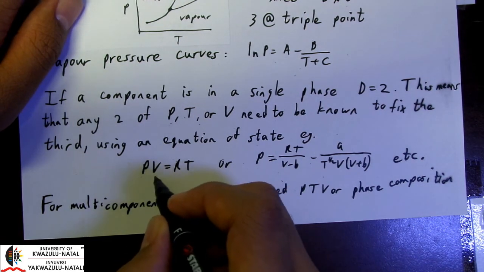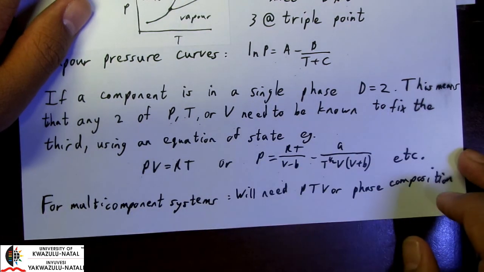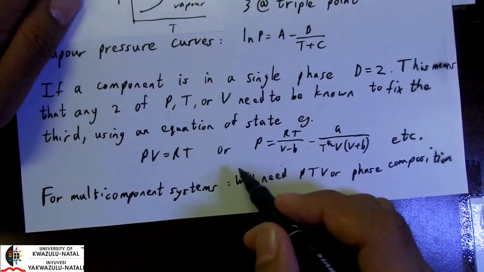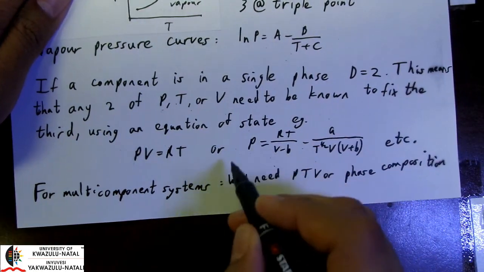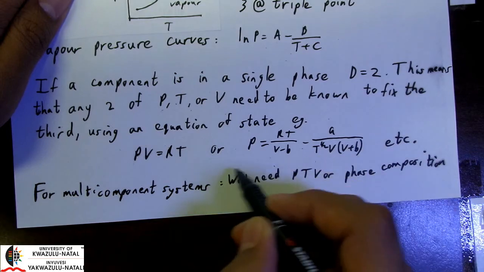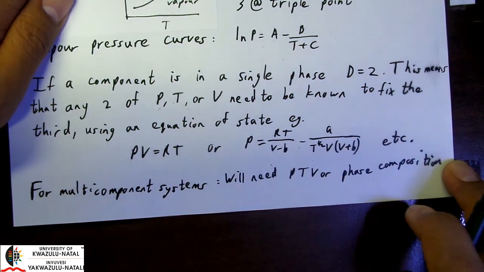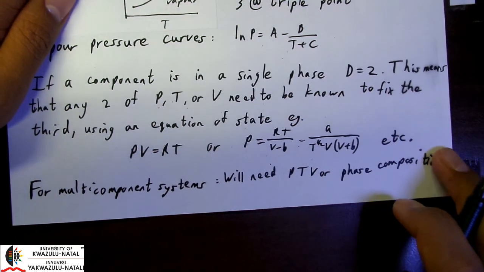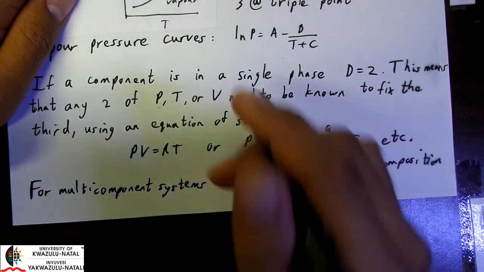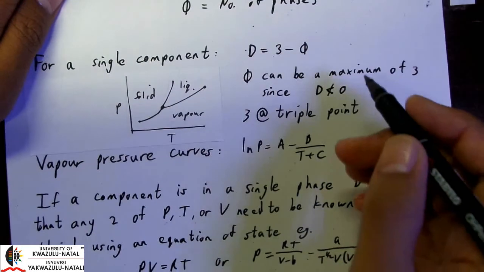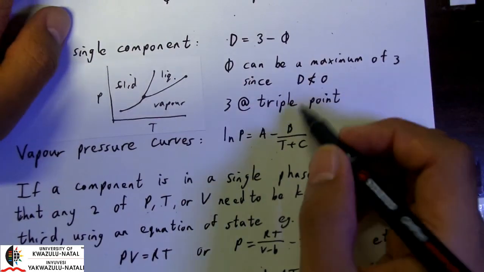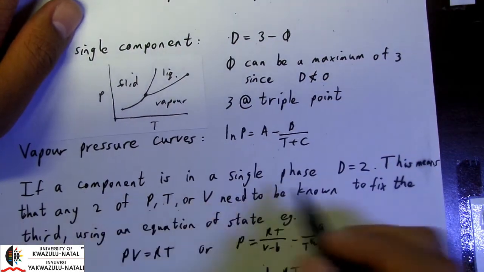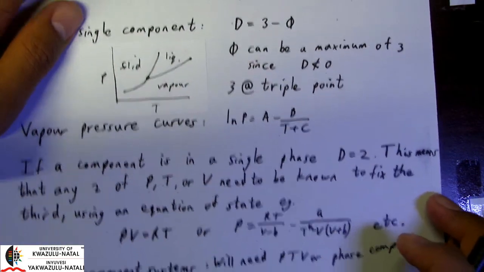Or if we know pressure and volume, we can find temperature, etc. For non-ideal conditions, we can use a more real equation of state, such as the van der Waals or any other higher order equation of state. And this is the case for a single component in one phase.